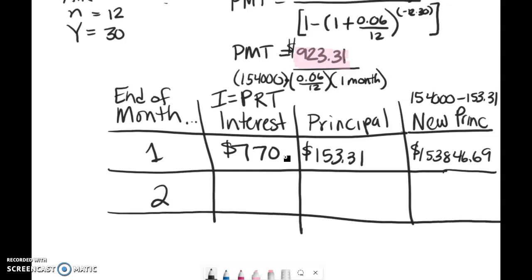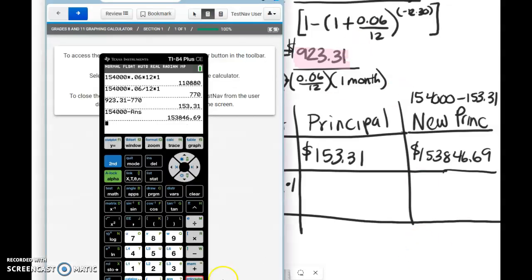At the end of month 2, we're going to do the same thing now. The only thing is that the principal now is 153,846.69. And then you multiply it by the 0.06 divided by 12, and then it's for 1 month. So grab the calculator, do that same process.